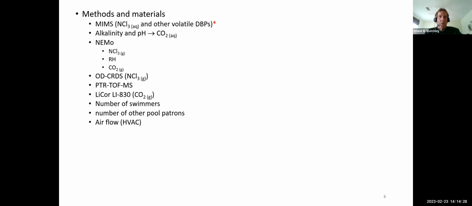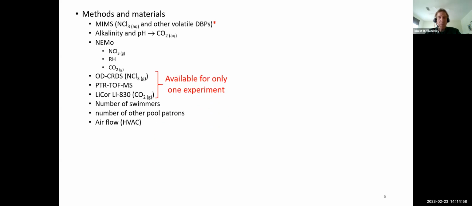For quantification of liquid phase or aqueous carbon dioxide, we used measurements of alkalinity and pH, and then some equilibrium calculations to allow us to estimate the concentration of CO2 in water. We used a device called NEMO that was provided to us by a company in France to allow real-time measurements of gas phase trichloramine, gas phase relative humidity, and gas phase carbon dioxide.